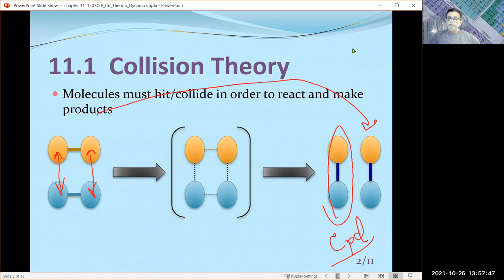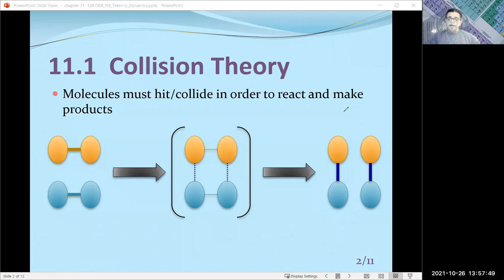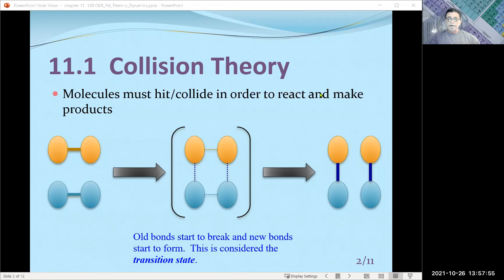We're going to talk about all these factors that deal with the reaction that need to occur. What we have here is bonds are being broken, bonds are being made. Now, in the middle, we have this state right here. We call that the transition state.